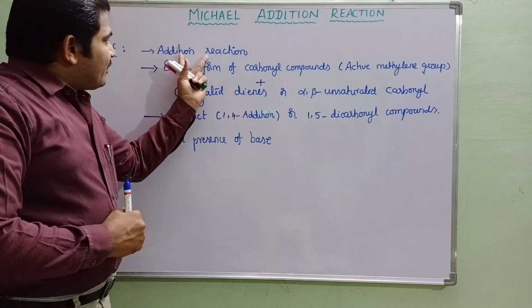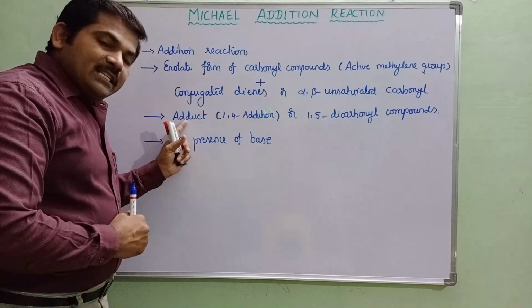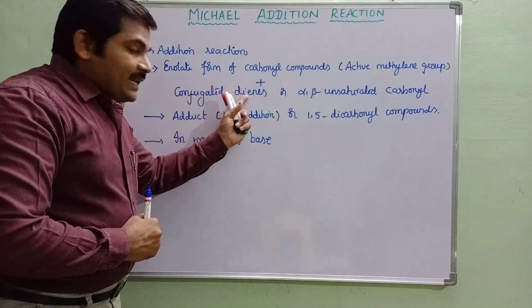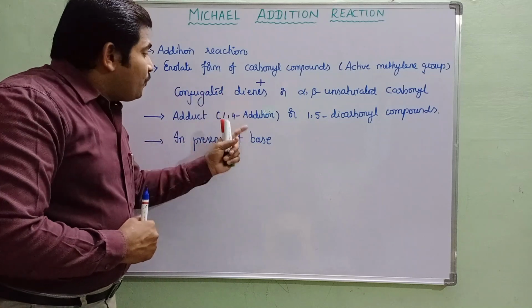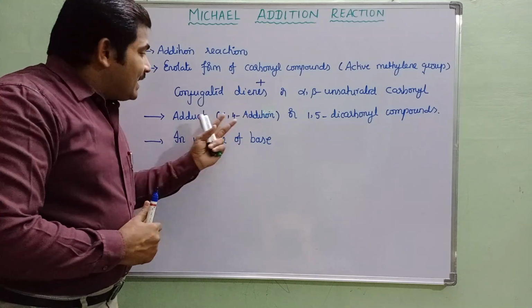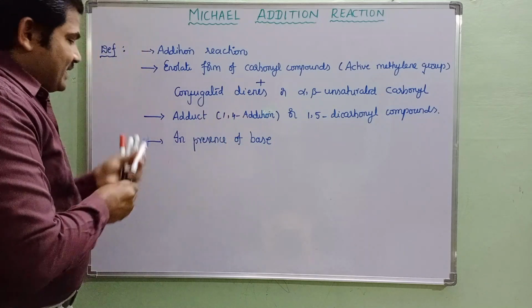Due to addition reaction, the product formed is called an adduct. Generally, these conjugated dienes undergo 1,4 addition reaction. Let us see what that 1,4 addition reaction is.